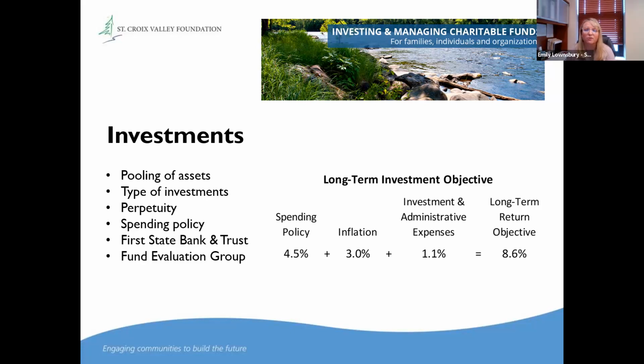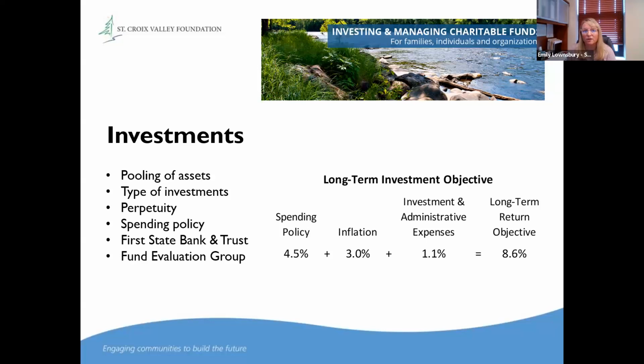Our ESG portfolio was added in August of 2021, and our intermediate portfolio was just added in September of 2022. Donors, when they set up a fund, can select which portfolio they want to participate in. Long-term only has 2 choices, short-term has 2 choices. And then we do offer every spring an open enrollment period for our investment pools that donors can recommend a change to their underlying investment if they so choose.